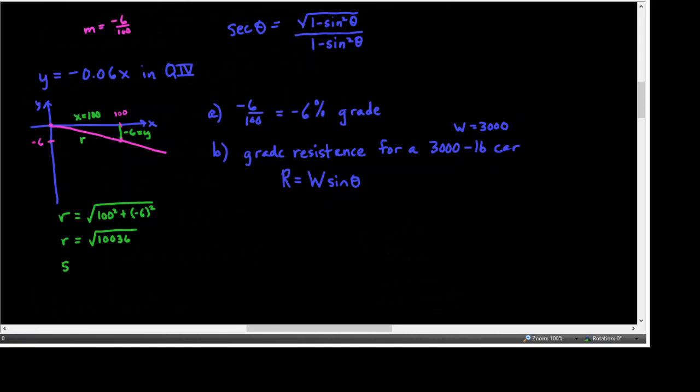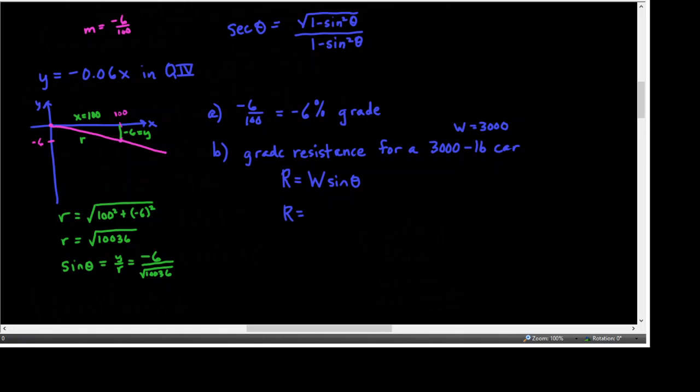And that means that the sine of theta, which is defined as y over r, for this problem, we've allowed y to be called -6, and r is this radical that we found just now. Now, you could rationalize that, but I'm not going to ask you to, because for this grade resistance I really like to have an approximation of it, so you don't need to worry about rationalizing that.